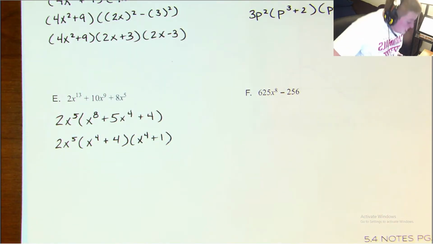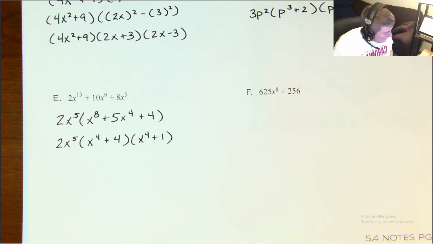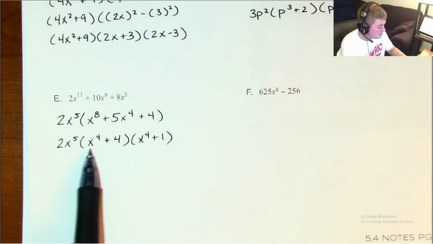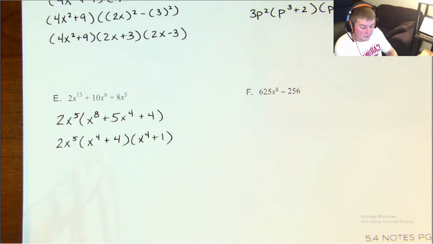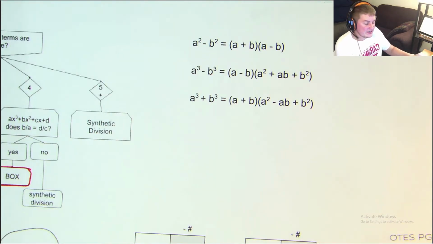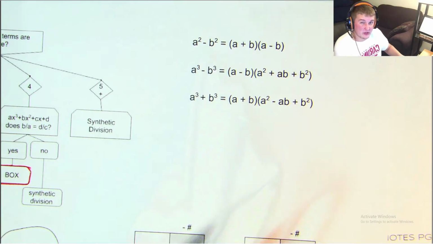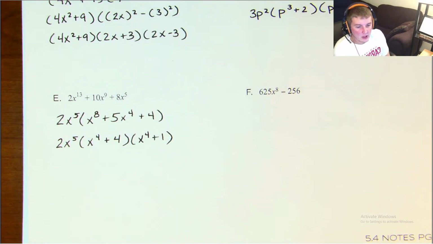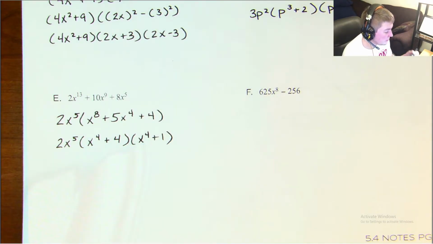Now I want to check whether those can be factored further. x to the 4th is a perfect square and 4 is a perfect square, but if you check your perfect square cheat sheet, it's only a difference of perfect squares, and we are adding, so that means they can't be factored further.